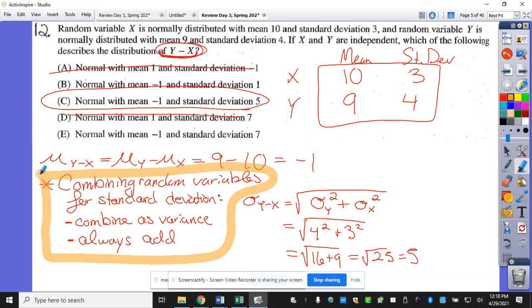So if you're multiplying and dividing, that means you just multiply and divide. Okay, so we didn't talk about multiplying different random variables. We only did adding and subtracting. We multiplied, like, 1 variable by 2 or 4 or whatever. I want to write that up.